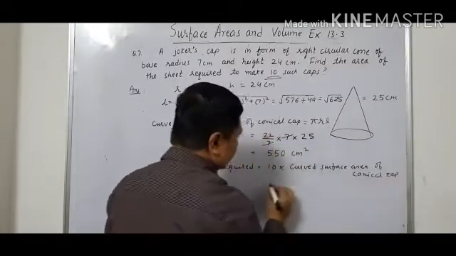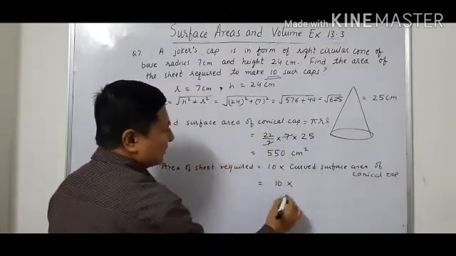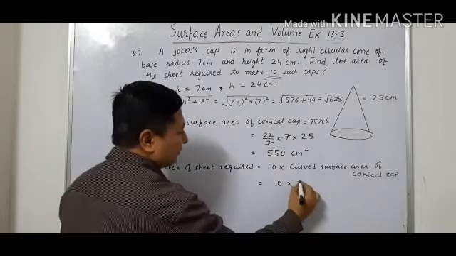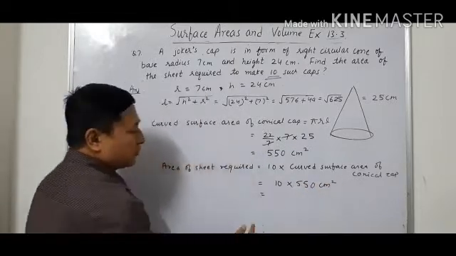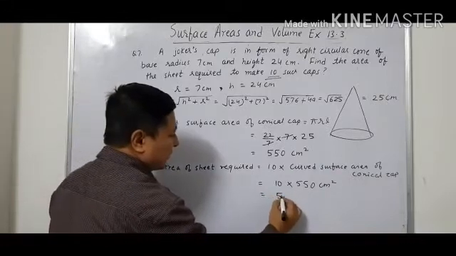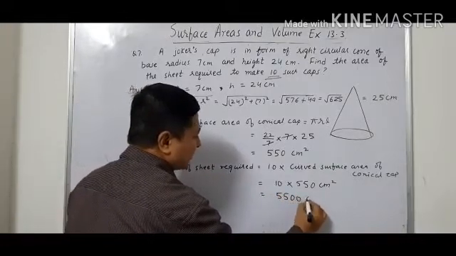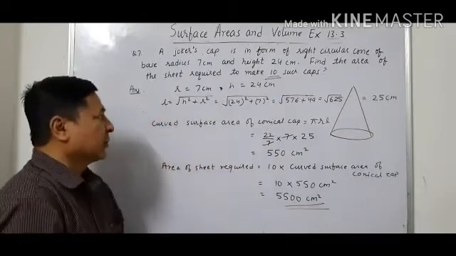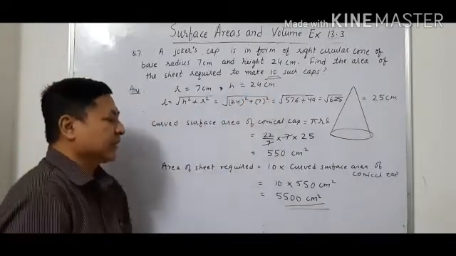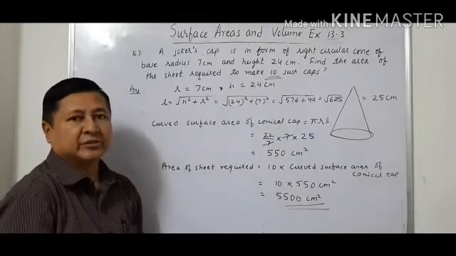And we have calculated the curved surface area of conical cap, and that is 550 centimeter square. So 10 into 550 will make it 5500 centimeter square. Therefore the area of sheet required for making 10 conical caps is 5500 centimeter square.